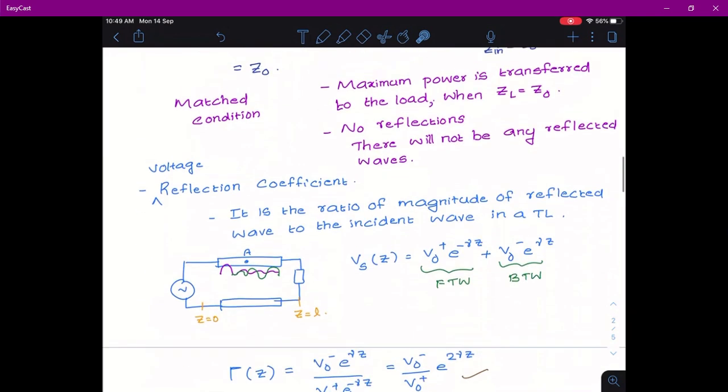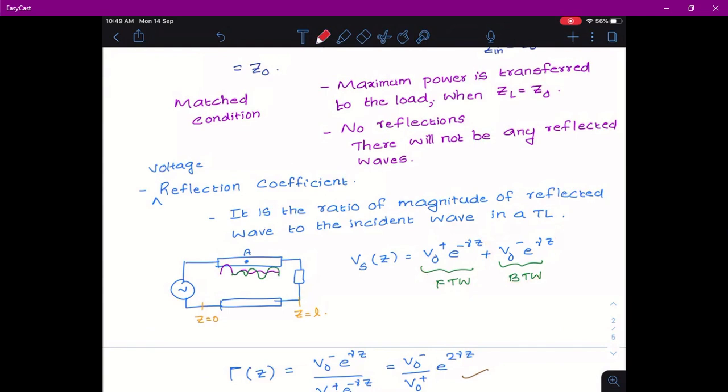Then we saw a very important parameter in transmission lines, which is the voltage reflection coefficient, which is actually the ratio of the magnitude of the reflected wave to the incident wave in a transmission line. And from the equations we know the forward travelling wave and the backward travelling wave.